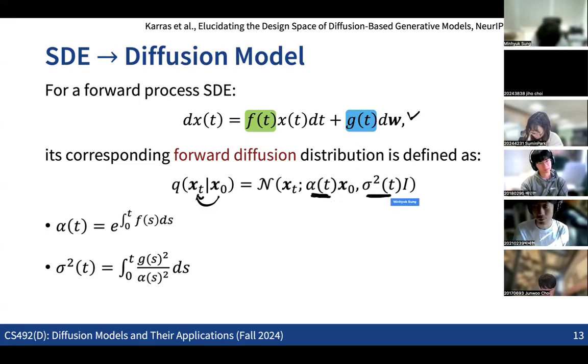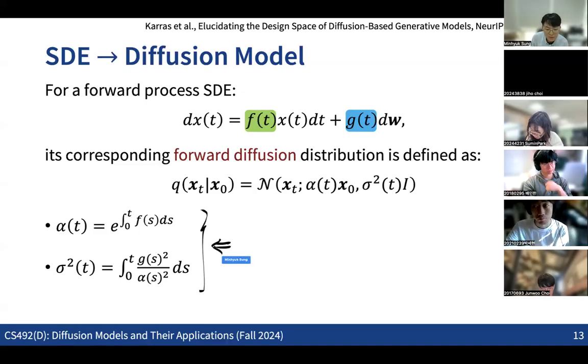These two terms are now defined with respect to f(t) and g(t). So if we have any SDE that describes the forward process in the continuous domain, then we can derive the forward jump distribution of xt conditioned on x0 with the scaling term and the variance, based on f(t) and g(t). We can see that there is this kind of relationship.